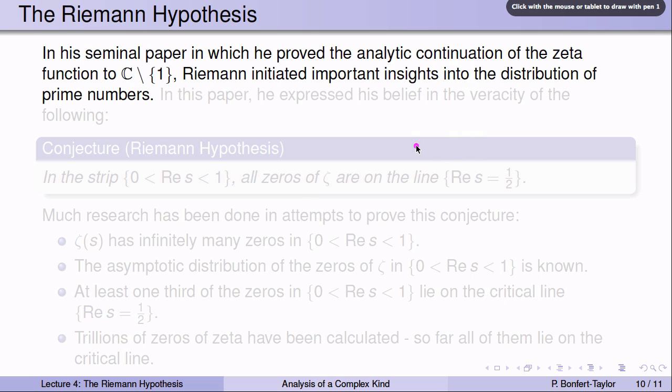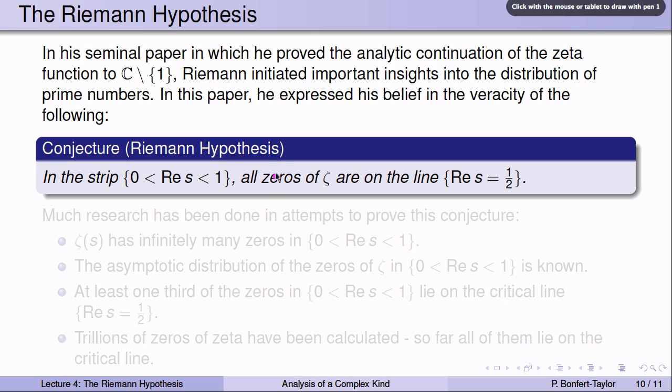In his seminal paper, in which Riemann proved the analytic continuation of the zeta function to the whole plane minus 1, he initiated important insights into the distribution of prime numbers. Related to the distribution of prime numbers are the zeros of the zeta function. And in his paper, Riemann expressed the belief in the veracity of the following. Today, this conjecture is called the Riemann hypothesis.